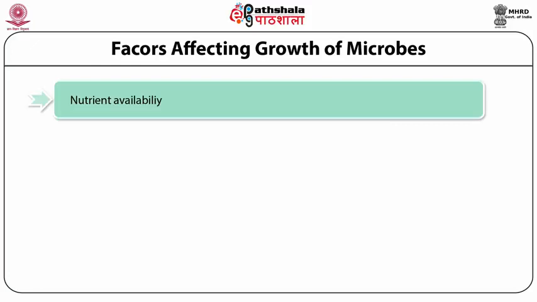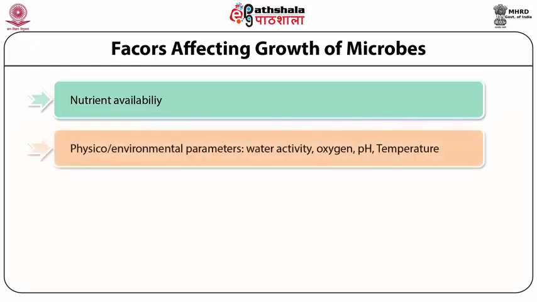The second factor is physico-environmental parameters such as water activity, oxygen, pH, temperature. Water activity indicates the biologically available water to the microbe. Oxygen: some microbes are aerobic, they require oxygen, whereas others are anaerobic, they don't require oxygen.